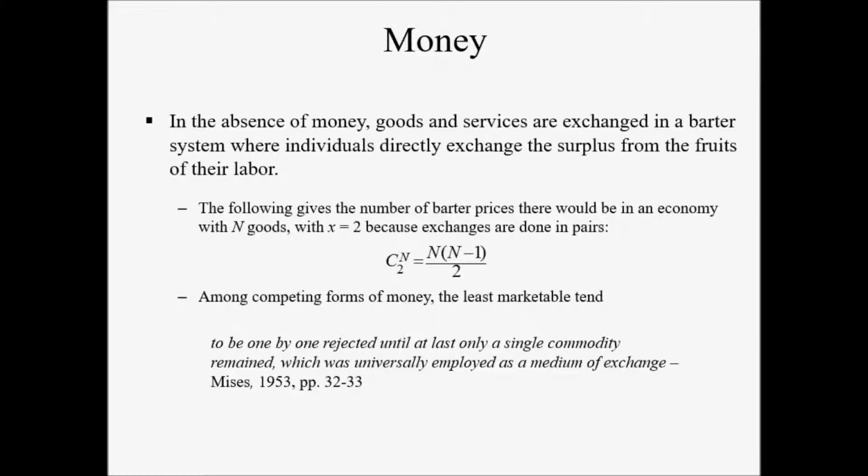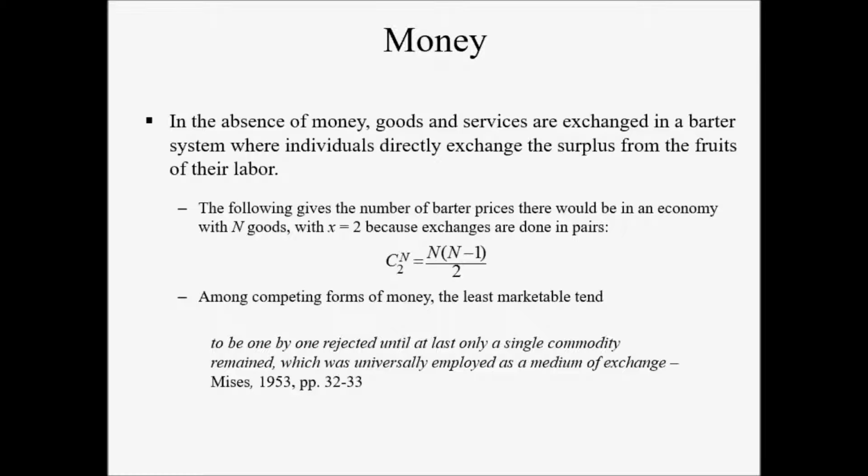According to Ludwig von Mises, among competing forms of money, the least marketable tend to be one by one rejected until at last only a single commodity remained, which was universally employed as a medium of exchange.